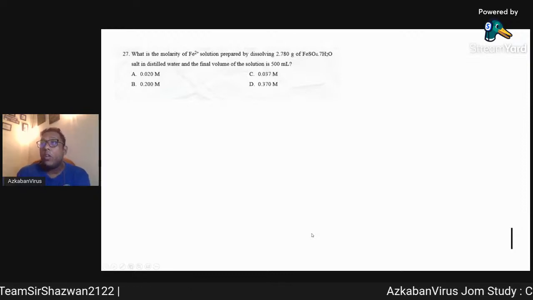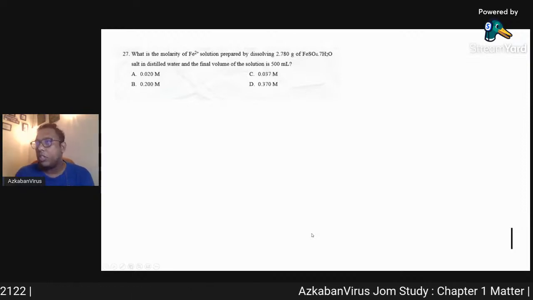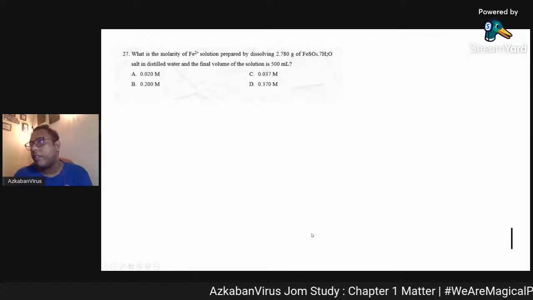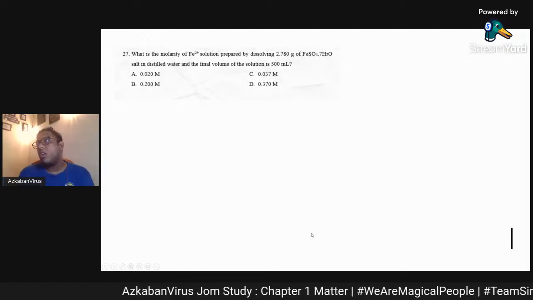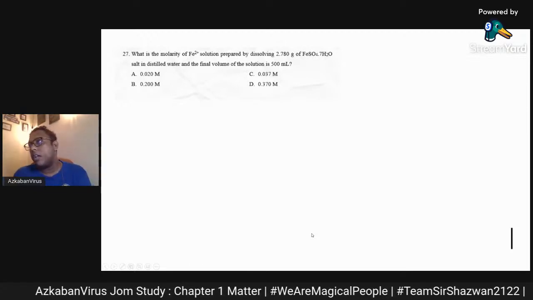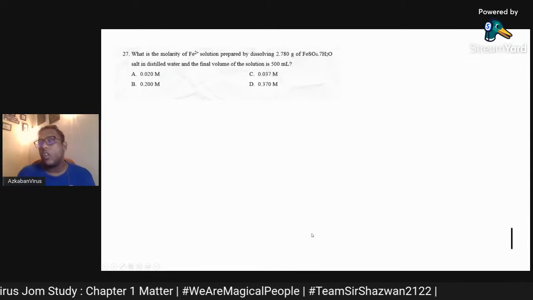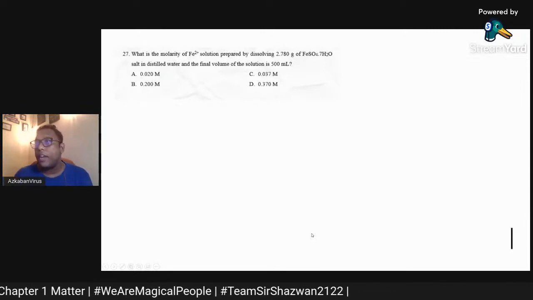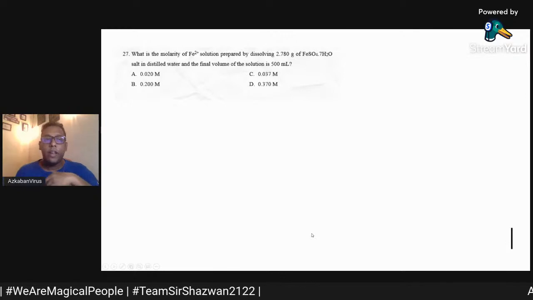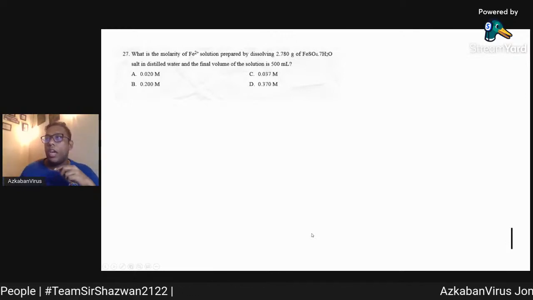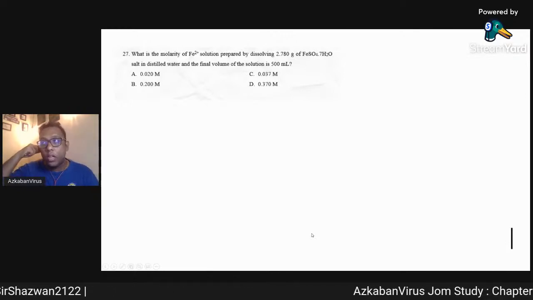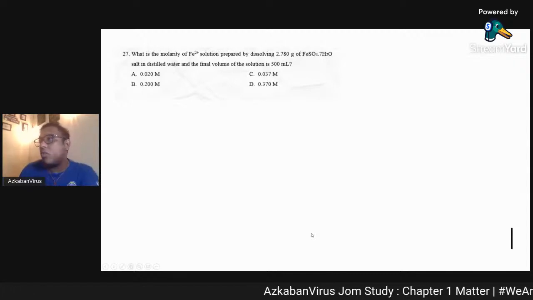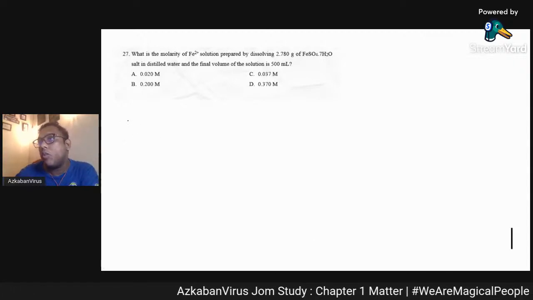Soalan berikutnya. What is the molarity of Fe2 plus solution prepared by dissolving 2.78 gram of FeSO4 7H2O salt in a distilled water and the final volume is 500 ml. Okay, so macam nak kira volume dia, nak cari molarity. So first kali cari mole dulu.